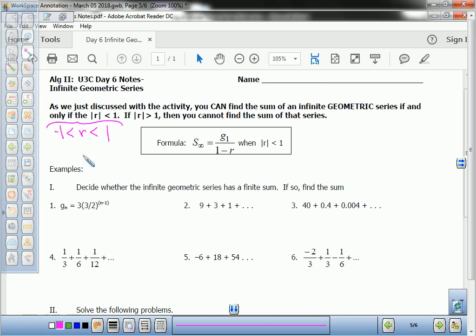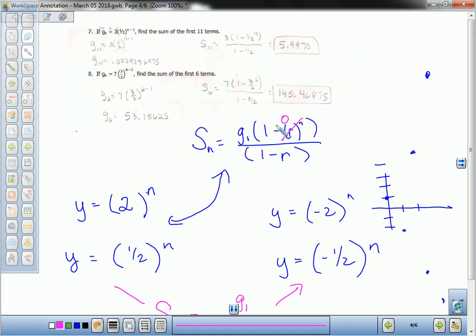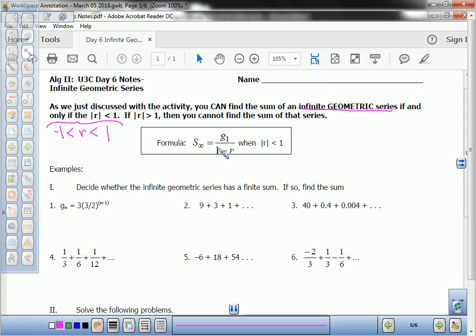So if the ratio is between -1 and +1, we can find the sum of an infinite geometric series. Now, that's the only time we can. If the ratio is greater than 1, or if the ratio is less than -1, this part of the formula does not go away. So we can't do it. So it only works when R is between -1 and +1.